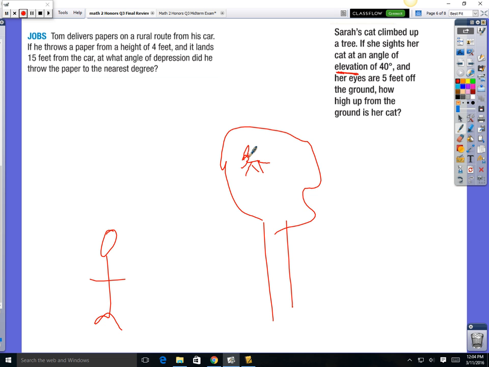Alright, there's a cat. So she sights her cat at an angle. Okay, here's Sarah's eyeballs right here. Now her eyeballs normally look straight across. That's her line of sight. If she looks up to view a cat, she looks up at 40 degrees. That's the angle of elevation.